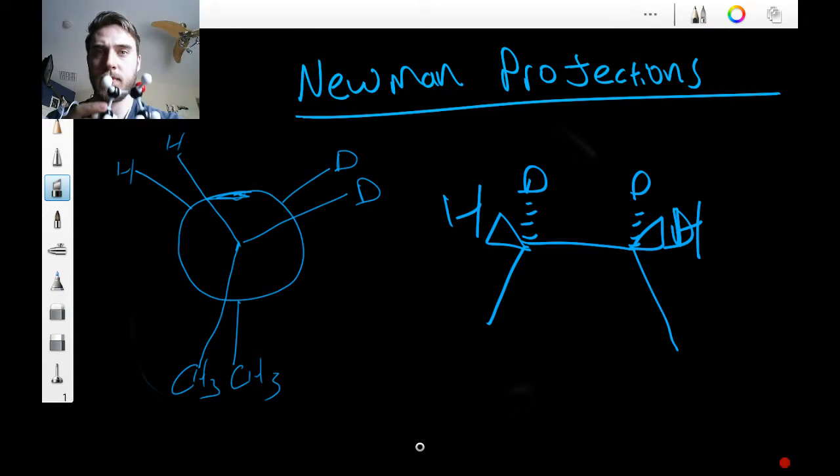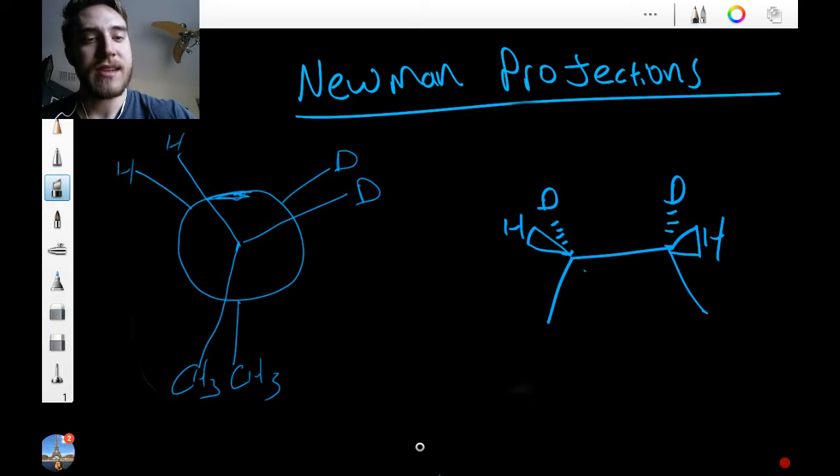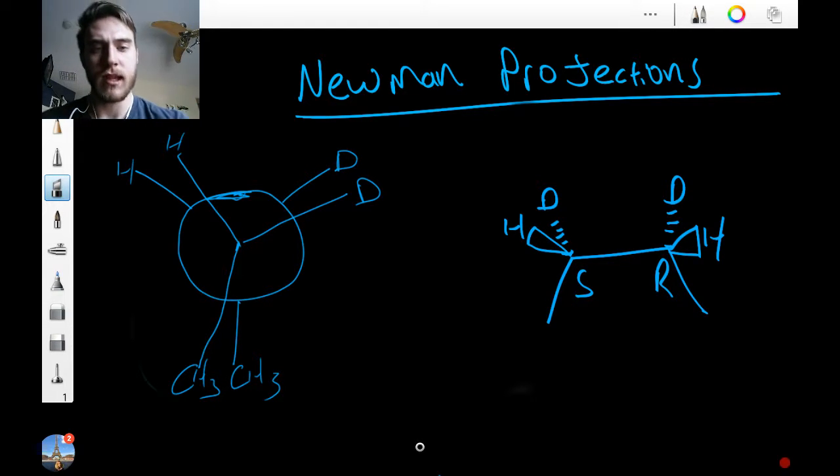We know that we're supposed to put the lowest weight attachment in the back of the molecule, which would be H, because deuterium would have a weight of 2, while H's have a weight of 1. I've already determined this to be the S and R configuration. And you could check that yourself just by seeing that this is the number 1 priority group for this chiral carbon.